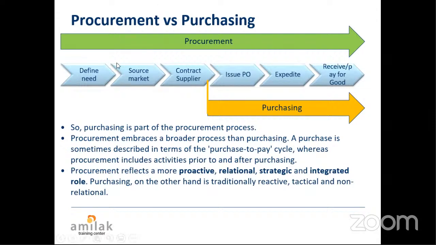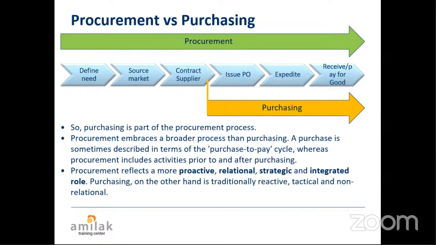You can see that when we start from defining of needs, you are no longer a paper pusher or a purchase order pusher like we used to be in the past. Engineers would define the needs, they would specify technical specs, and the buyer would only get involved at that time. In fact, some engineers would go as far as identifying suppliers, and they would just pass on those suppliers to you as a buyer.